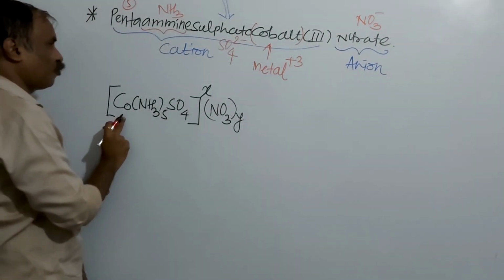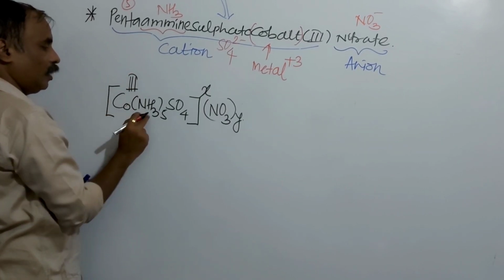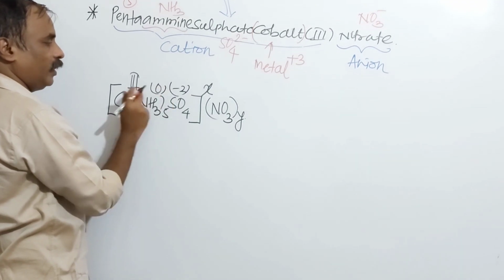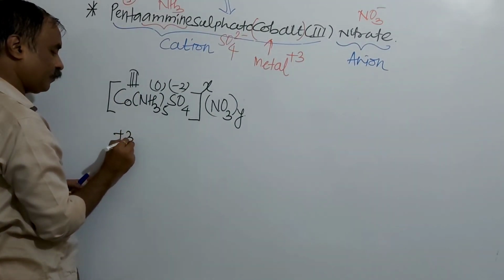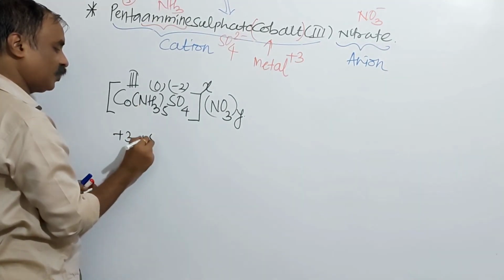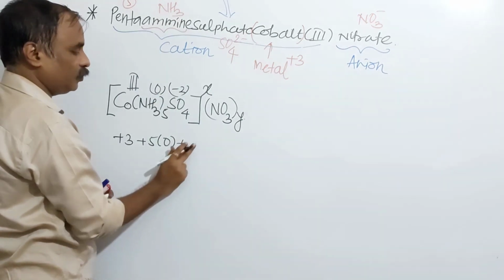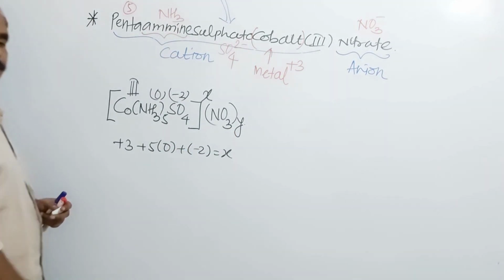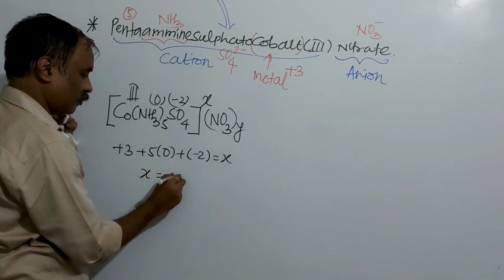Here oxidation state of cobalt is given, it is +3. Ammonia carries 0 charge, sulfate carries -2. And addition of these charges equal to X. So here it is a +3, +5 into 0, here sulfate and it is -2, equal to X. So here X is equal to what? +1.